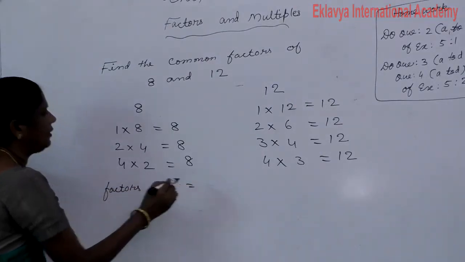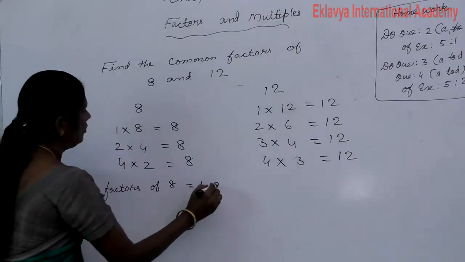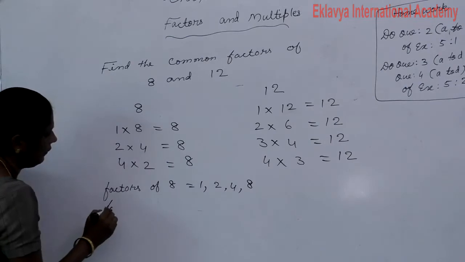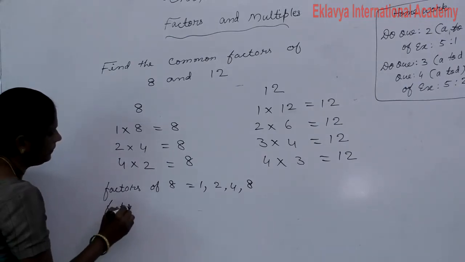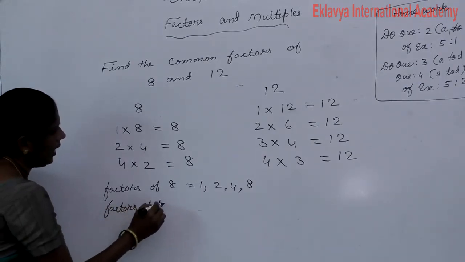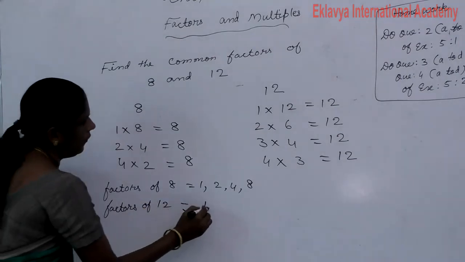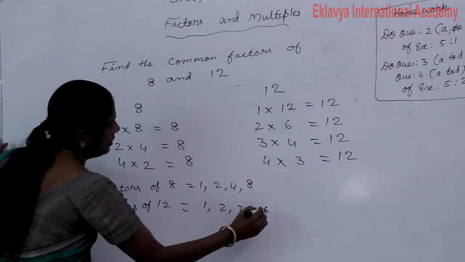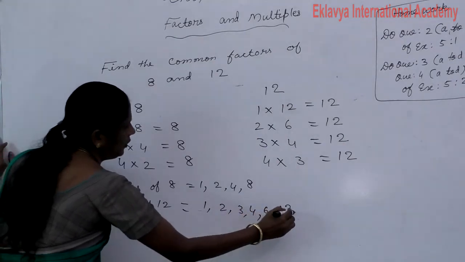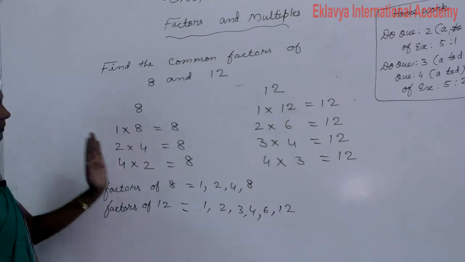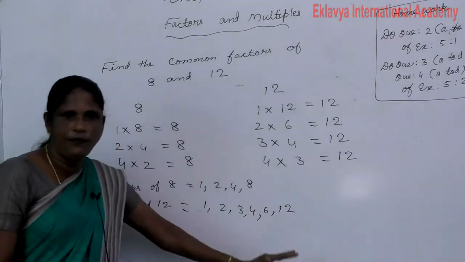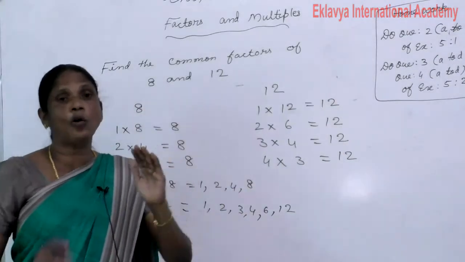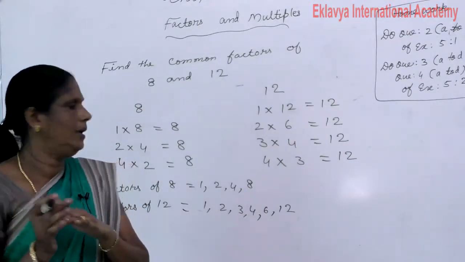Then the factors of 8 are equal to 1, 2, 4, 8. Next, the factors of 12 are equal to 1, 2, 3, 4, 6 and 12. Now we have found the factors of 8 and 12. Next, the common factors.